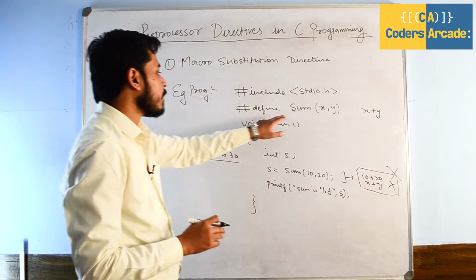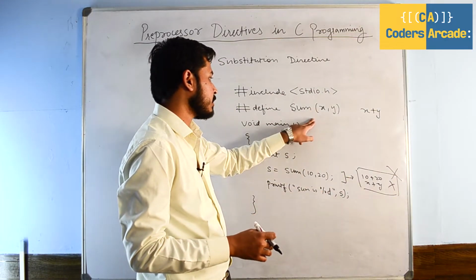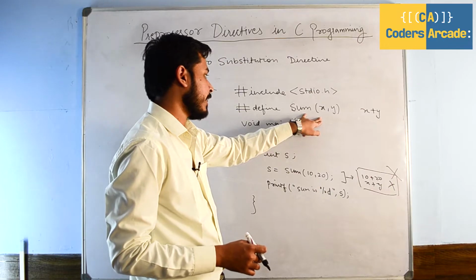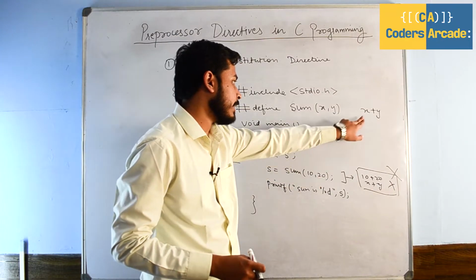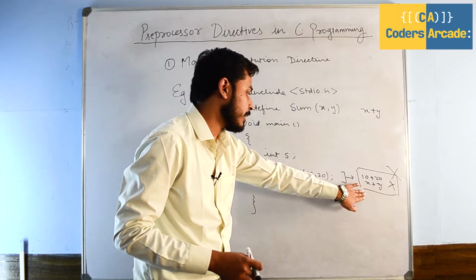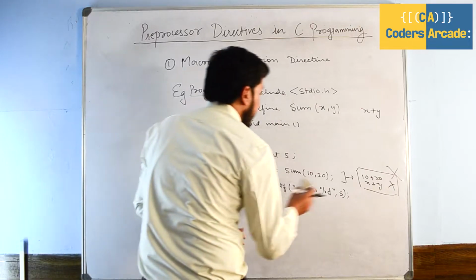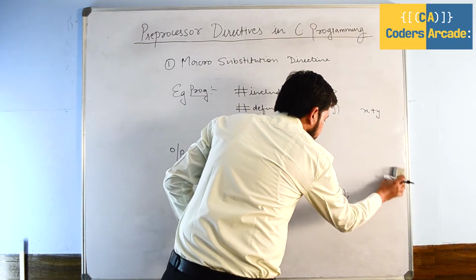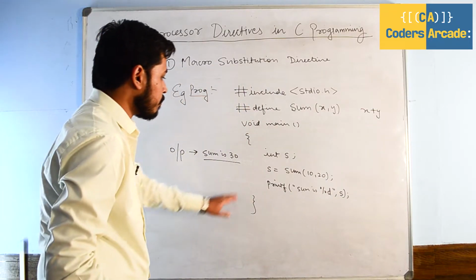So using this macro, we don't have to write any formula. In this case, I've used this identifier as SUM(x, y). See, x, y is 10, 20, and it is automatically replaced with this logic, but we are not writing this logic, so we don't have to write this logic anymore. All right, so there you go.